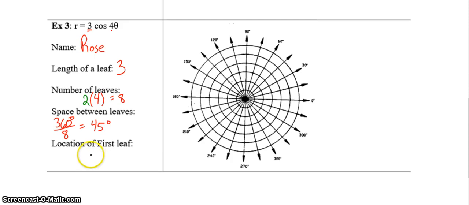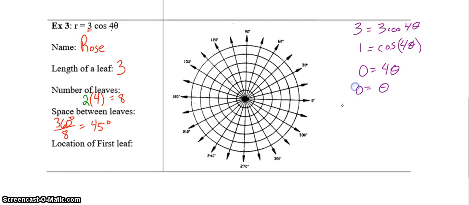Where do we start? Well, that again is trigonometry. Where is 3 equal to 3 cosine of 4 theta? In other words, where is the cosine of 4 theta equal to 1? The cosine of what stuff is 1? Again, the smallest angle, and that happens to be 0. So the location of the first leaf is 0.